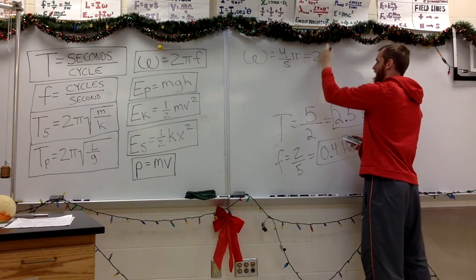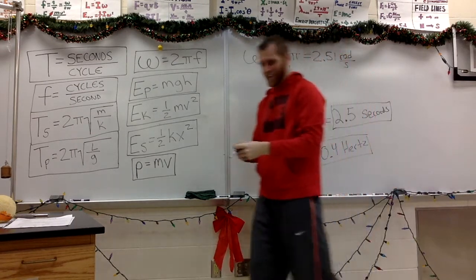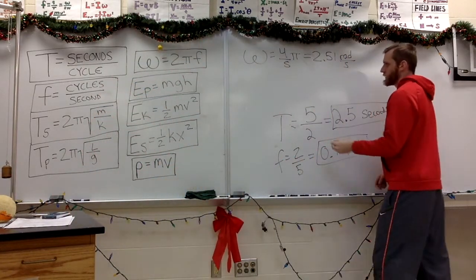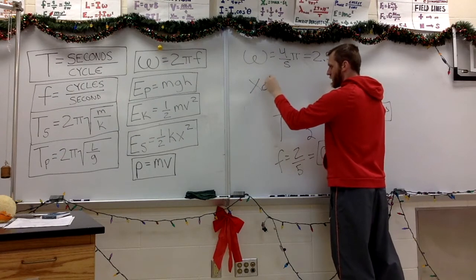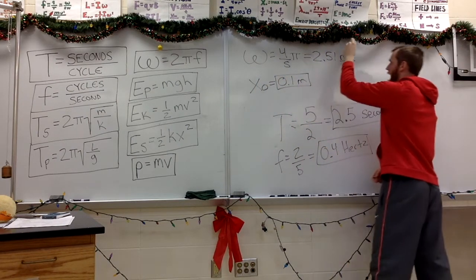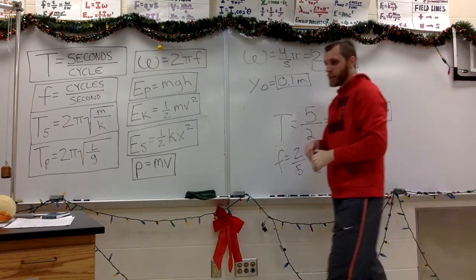That's pretty cool. It's actually 2.51. Now, angular frequency is 2.5 radians per second. Our amplitude we already determined is 0.1 meters. So we're going to box around all these values.